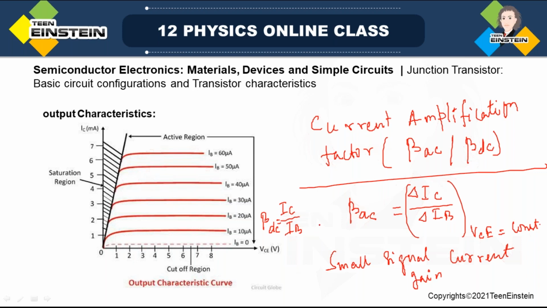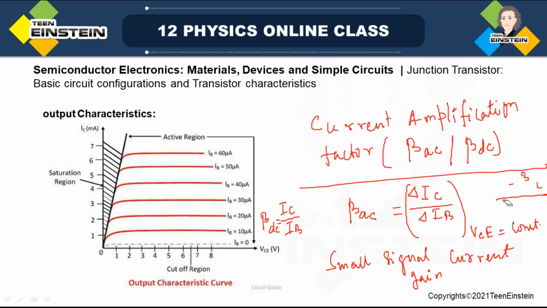And later we'll see that beta DC and beta AC have more or less the same value. That's why most of the time we will be using beta DC in our various parameter or gain calculations.